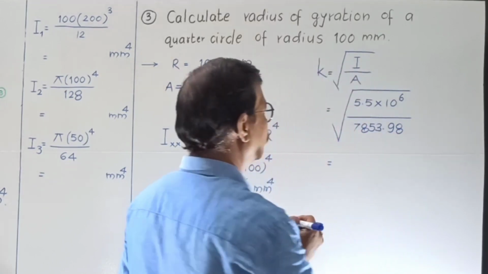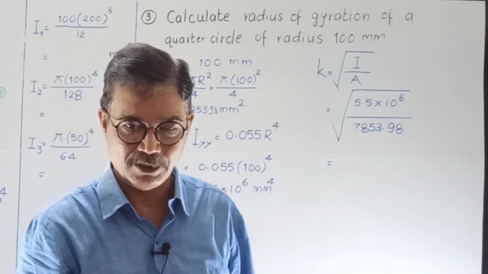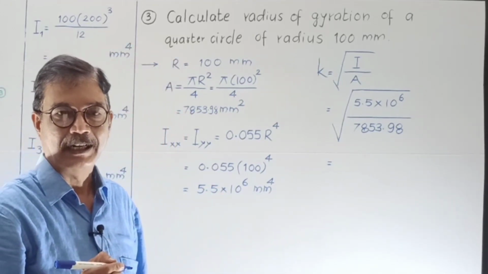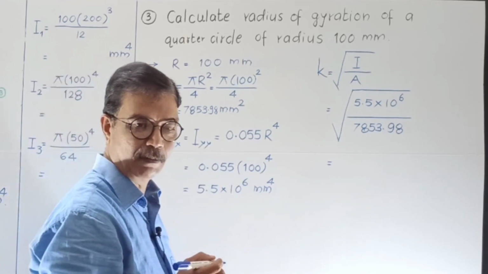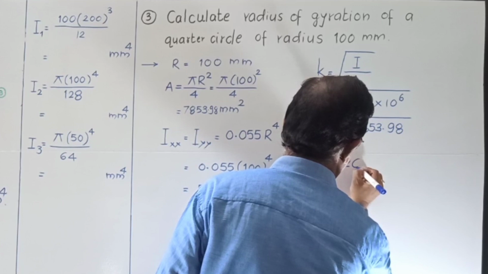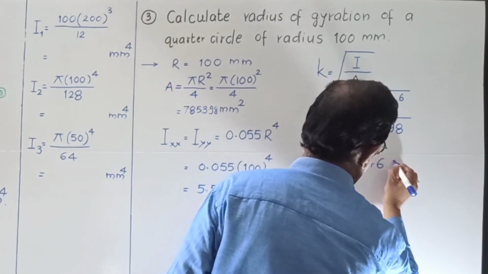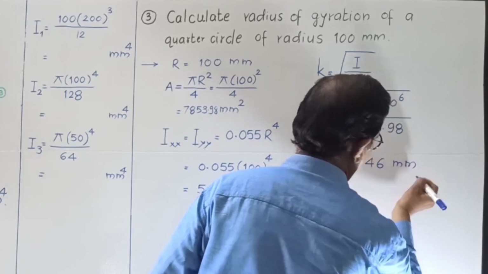So if you calculate the value of k, it will come out to be 26.46 mm because it is the radius of gyration.